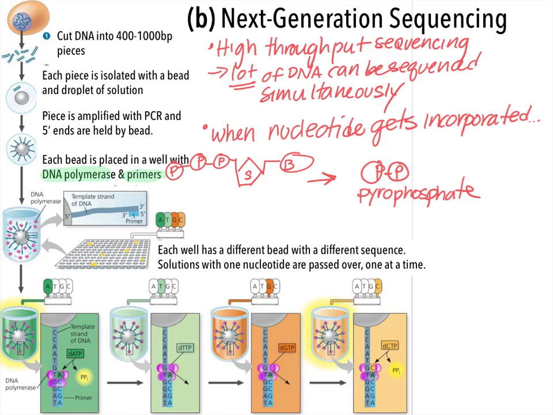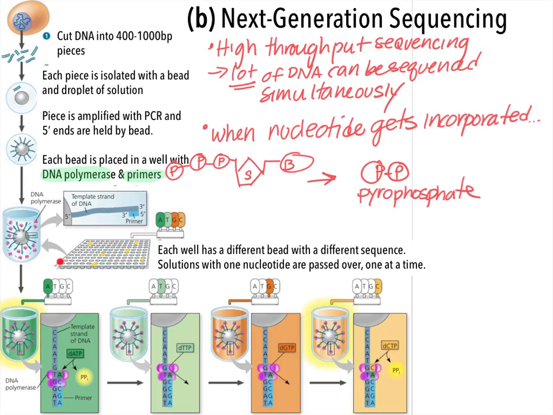Now in our example down below, in this particular well, in the template sequence, the next nucleotide that should be added is not one containing a thymine. So that does not get incorporated, no flash of light. Nothing will happen in that well, so we don't see anything. The computer won't record that thymine was the next base in the sequence.